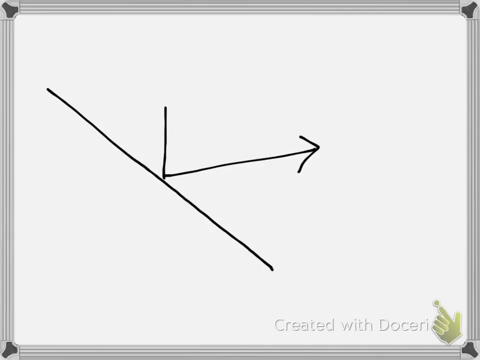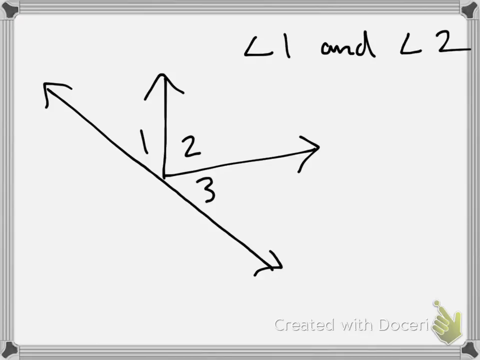So let's try this. Let's draw a couple angles here. Let's call them, for the ease of labeling, angle 1, angle 2, and angle 3. That's another way you're going to see these. So for example, if I were to tell you which angles are adjacent, angle 1 and angle 2 are adjacent, angle 2 and angle 3 are adjacent.